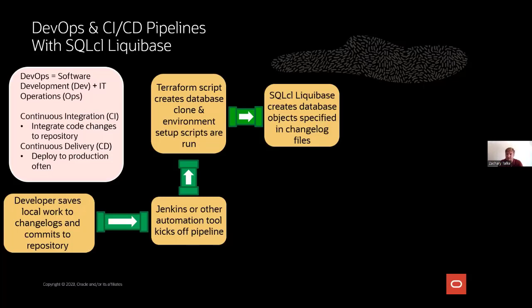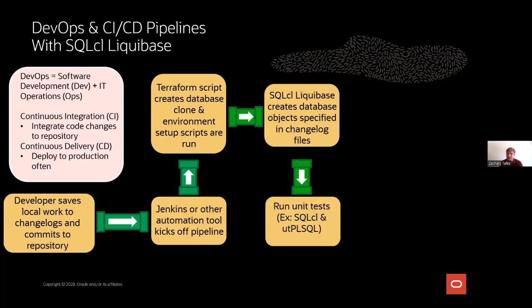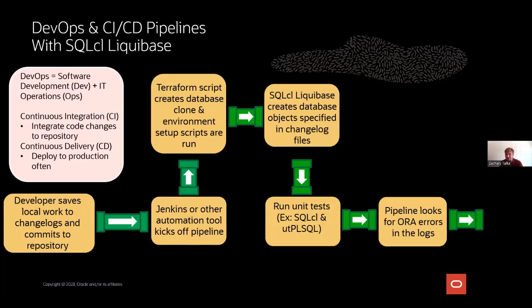From there, this is where SQLcl Liquibase comes in, where it can automate the deployment of the database objects that you specified in the changelog files in that first section. And then after that, you can run your unit tests and check your pipeline for any ORA errors in the logs, just to make sure that everything is running appropriately.